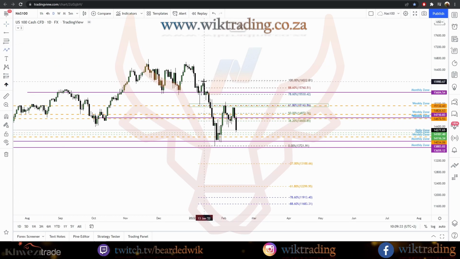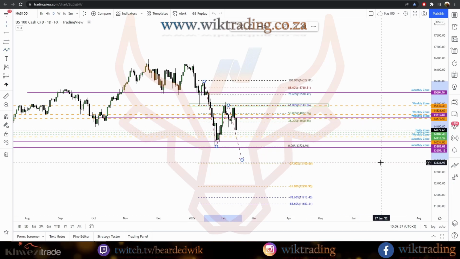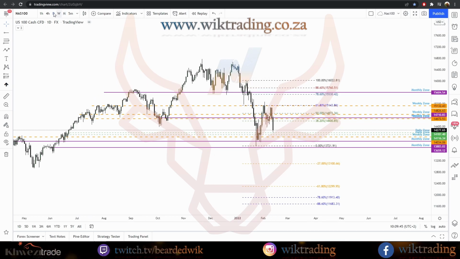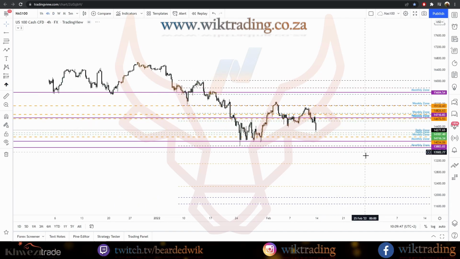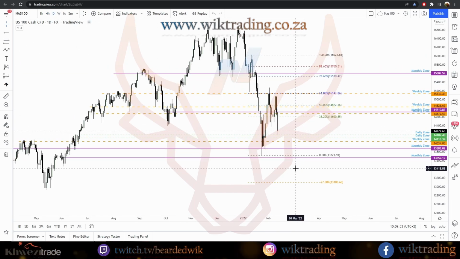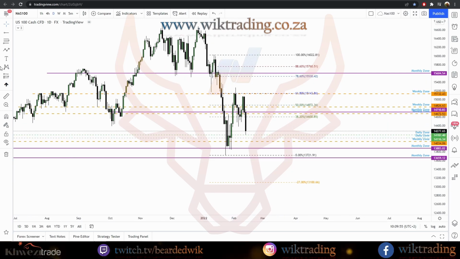So essentially it's A, B, C and D going down now. But there's one very important area that we still need to keep in mind on this chart. And if we go down to the lower time frames, we can use the lower time frames to our advantage of that specific zone. And the area that I'm looking at is the area that I just mentioned previously in the video, this little area here.